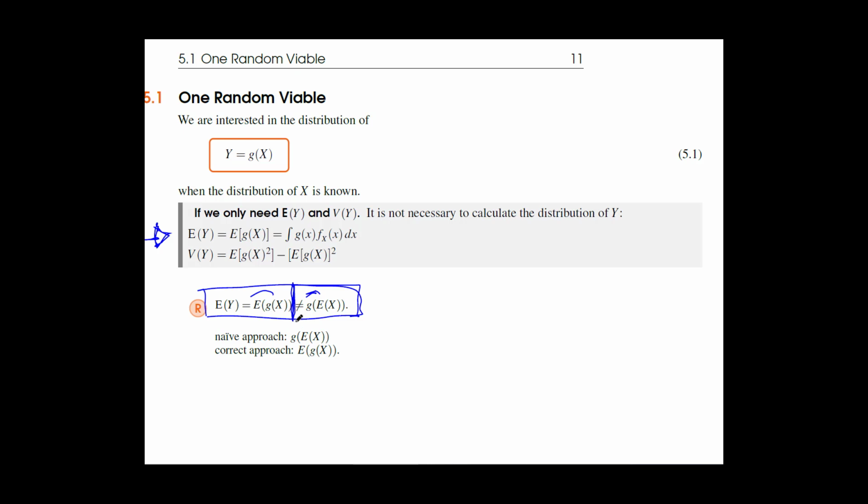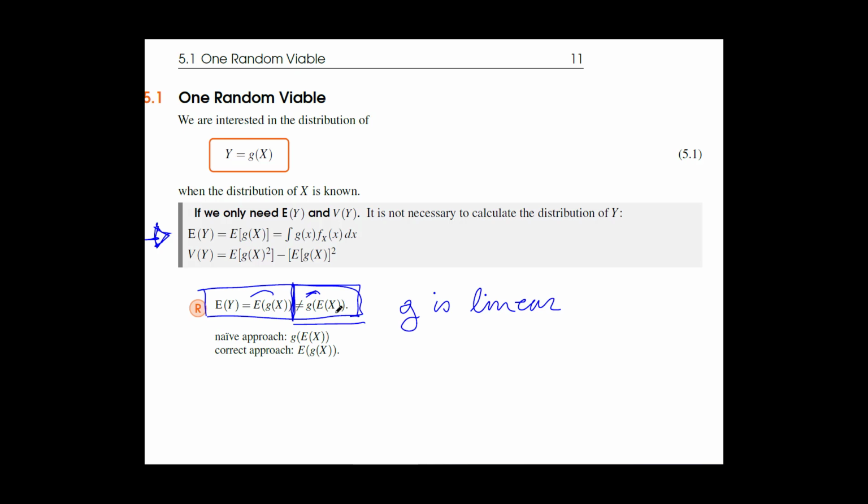However, this last equality here, g of E of x, is just one computation. It's evaluating the function at one value, at the expected value of x. So it's a lot faster, but in general, it's not going to give you the right answer. The only way it's going to give you the right answer is if g is linear. That's the only exception. When you have linear functions, then you can say E of g of x equals g of E of x.